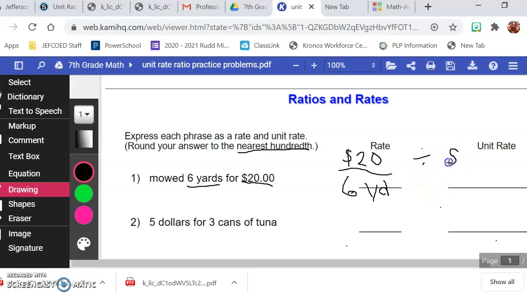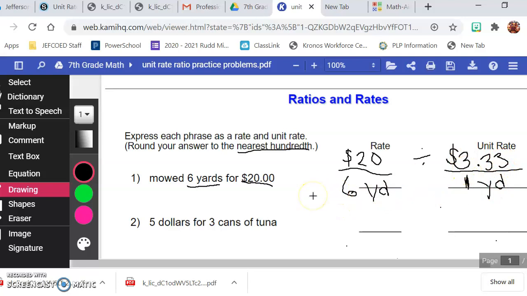Now remember, we're rounding to the nearest hundredth. So it's going to be $3.33. Since it's a unit rate, 1 is going to be our denominator, and we're going to keep our yard. So it's going to be $3.33 per 1 yard.